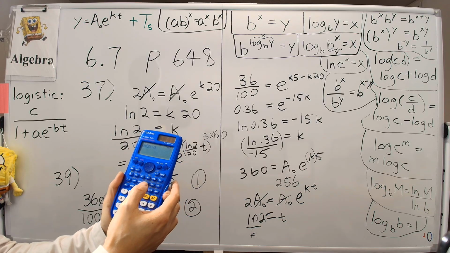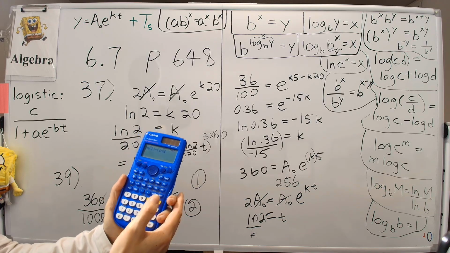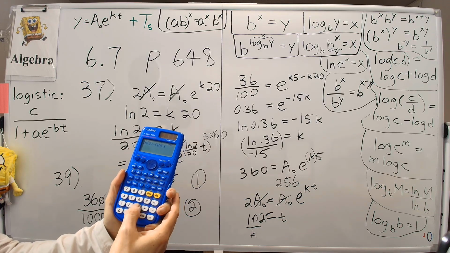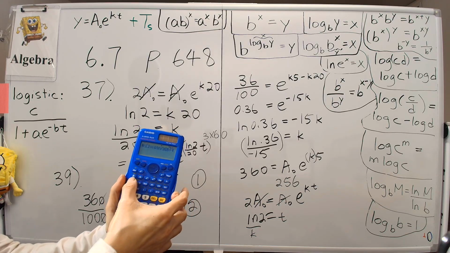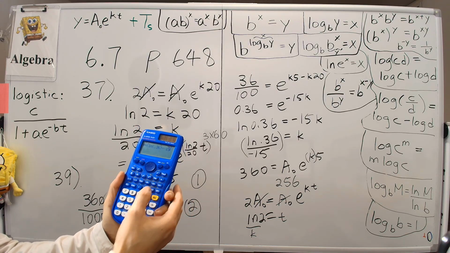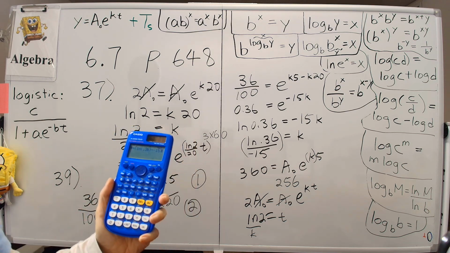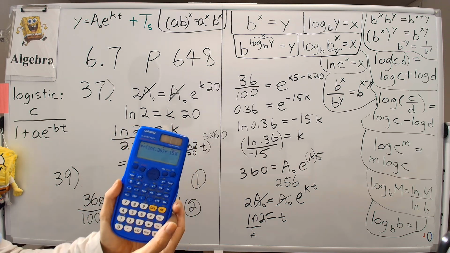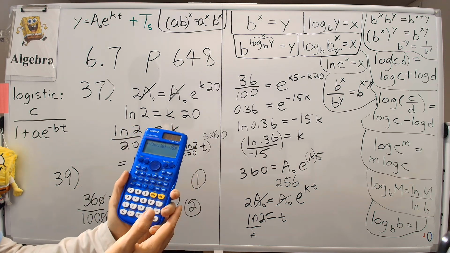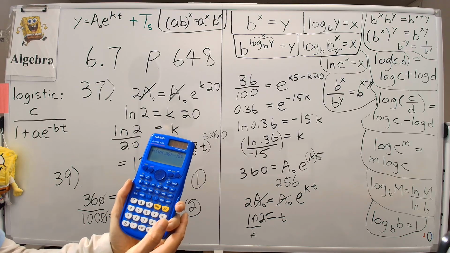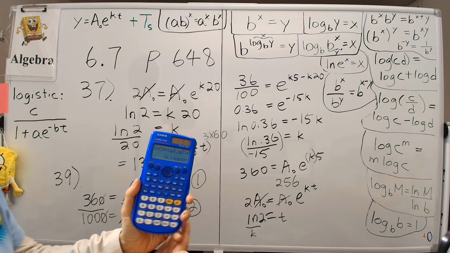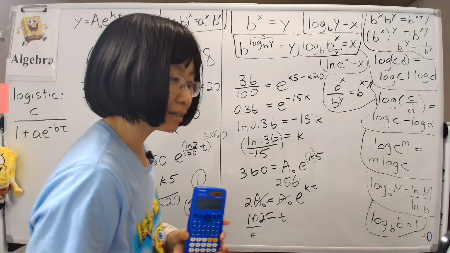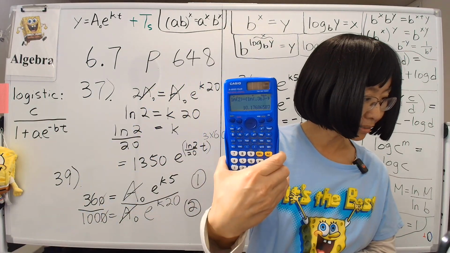That's ln of 0.36, close parentheses for natural log, and divide by negative 15. Or you can just punch in the decimal number that we already got, but this way it is slightly more accurate. Yeah, so that should do it, which is 10.17.